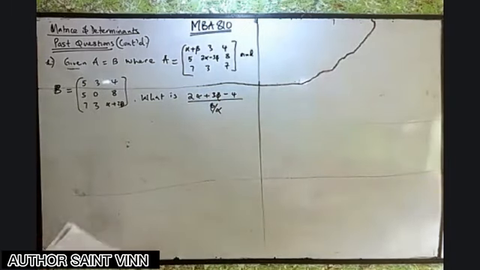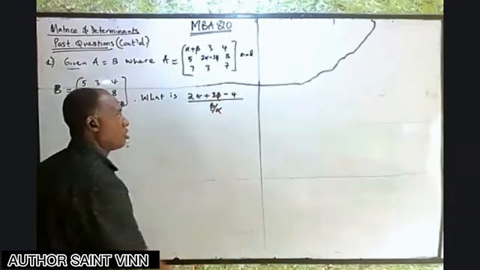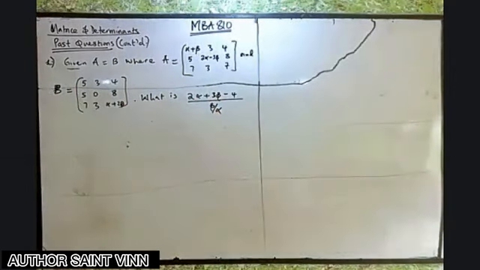But the idea here is still the same thing, looking for what? Alpha and beta. We'll do what we call substitution. We'll get the result. Like I said, this question is also objective, as A and B.